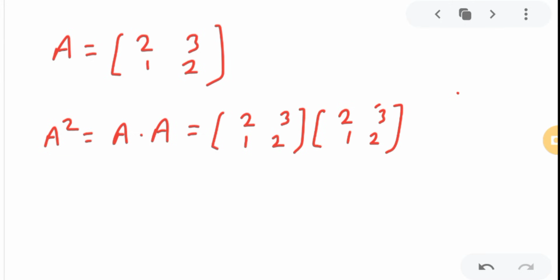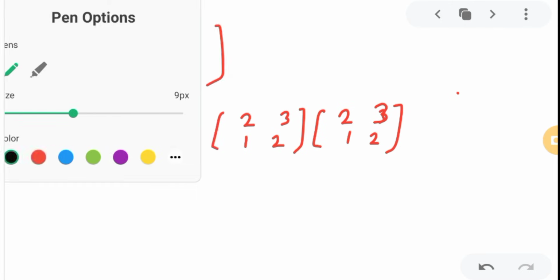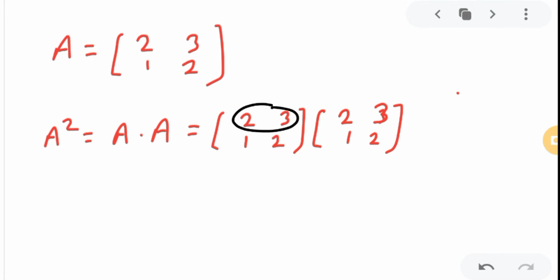I hope you know how to multiply matrices, correct? So first row with first column, like this. So 2 into 2 plus 3 into 1, correct? In this way we are multiplying, or we can write directly 2 into 2, which I will write as 4, plus 3 into 1, that is 3.